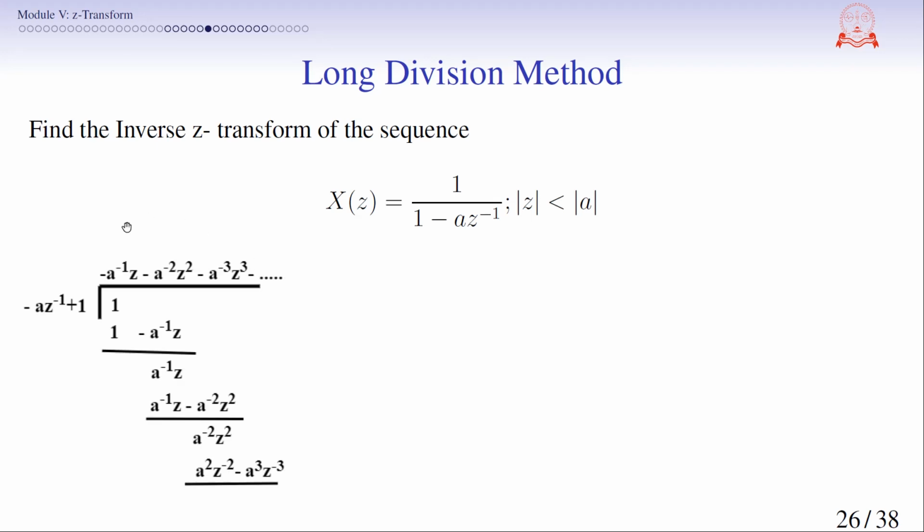When I compute this, I will get minus a raised to minus 1 z minus a raised to minus 2 z square minus a raised to minus 3 z cube, etc. So x(n) can be written as x(0) is 0, x(-1) is minus a raised to minus 1, x(-2) is minus a raised to minus 2, and like that.